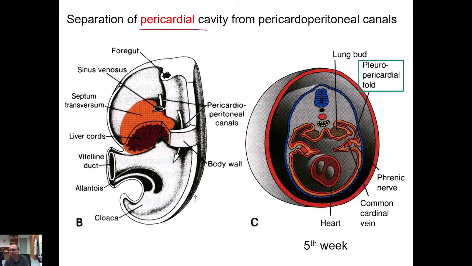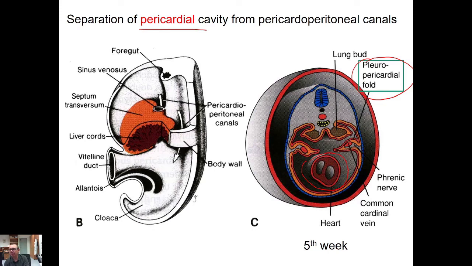Pericardial cavity, which is surrounding the heart, which was originally cranially, but after folding in the 5th week is situated ventrally, is separated from pericardio-peritoneal canals by special folds, which are called pleuropericardial folds. They are developing from the lateral wall of the body, that means from somatopleura.